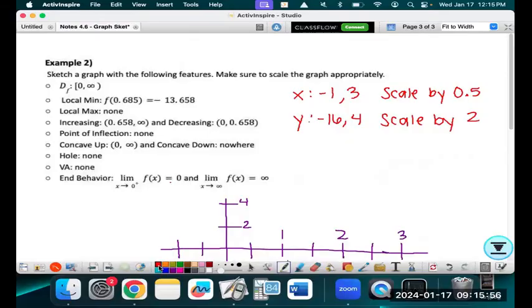All right. Go ahead and start by plotting any coordinates. So local min coordinate. No points of inflection. No holes. Okay, so just the local min.